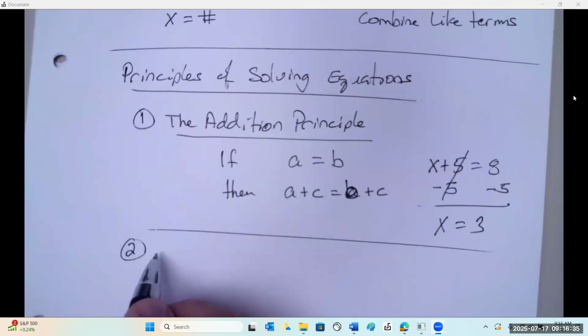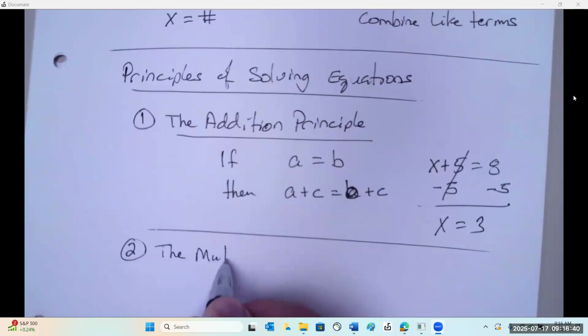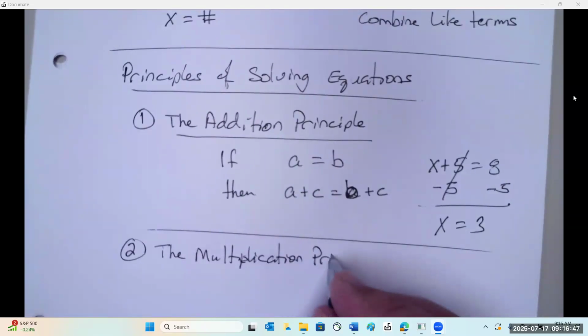The second one is the multiplication principle.